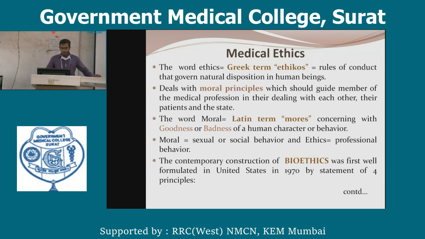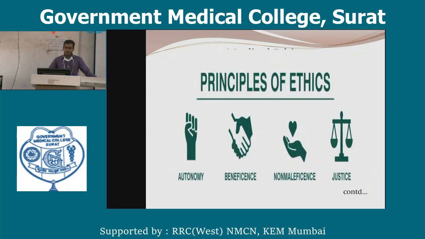The contemporary construction of bioethics was first well formulated in the United States in 1970 by the statement of four main principles. Autonomy means that the patient should have self-autonomy. Beneficence means we provide treatment for the benefit of the patient.